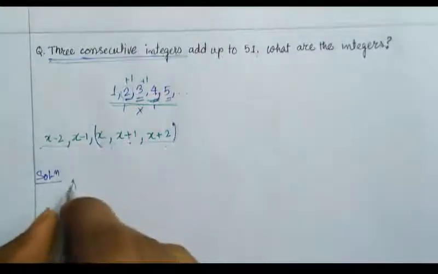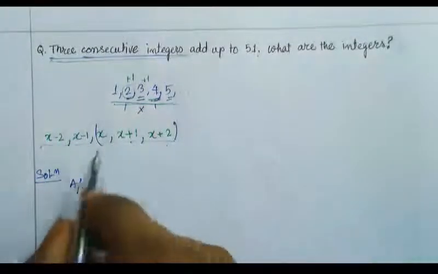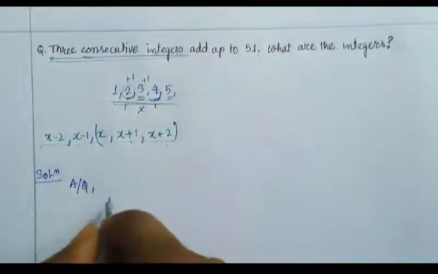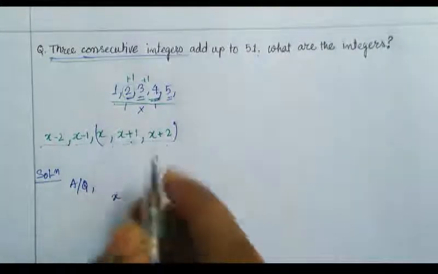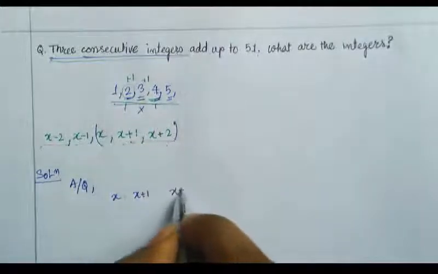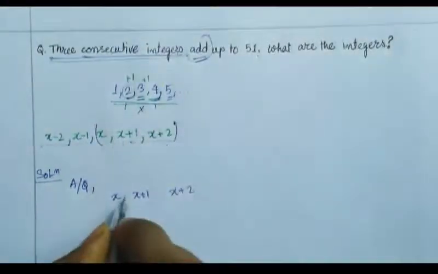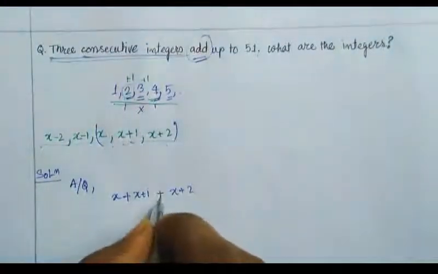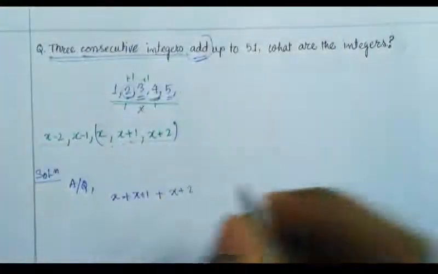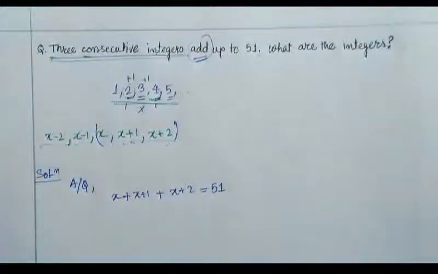According to the question, the first integer is x, the second integer is x plus 1, and the third integer is x plus 2, and they add up to 51. So we add a plus sign, and they add up to, which is equal to 51.